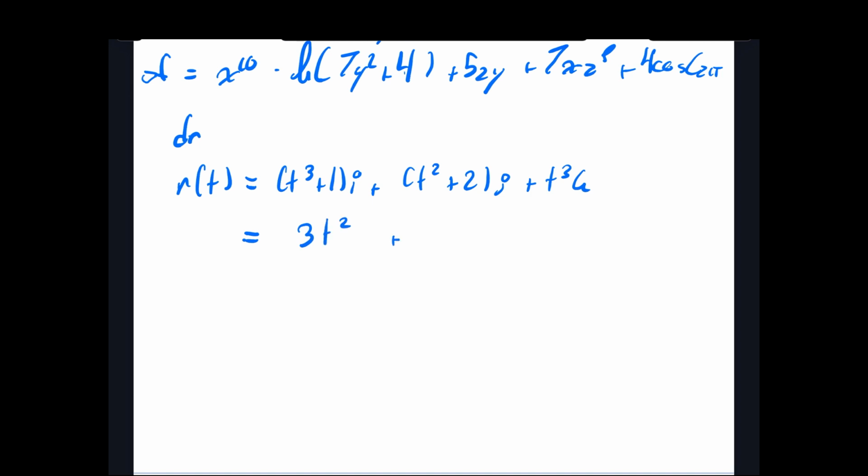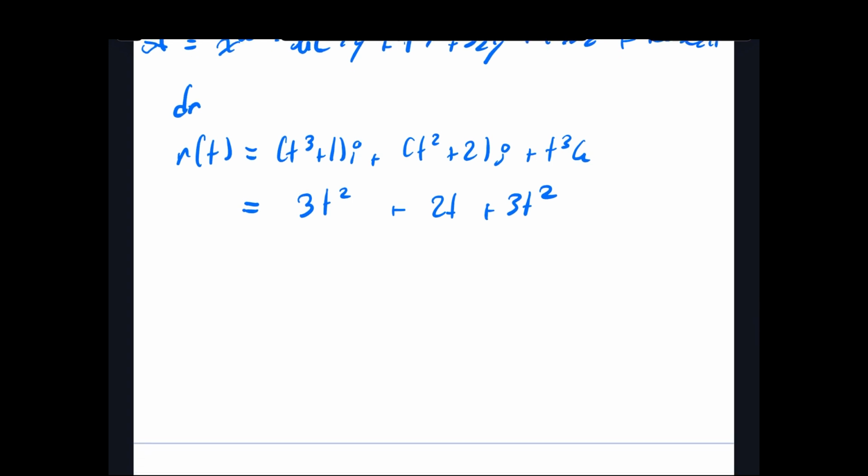3t squared plus 2t plus 3t squared. Okay, I just have to see something really quickly. If I evaluate at 0, r at 0 equals, yeah, it's just 0, 0, 0. Yeah, okay. If you have a point that's just 0, 0, 0, yeah, you can't evaluate that.